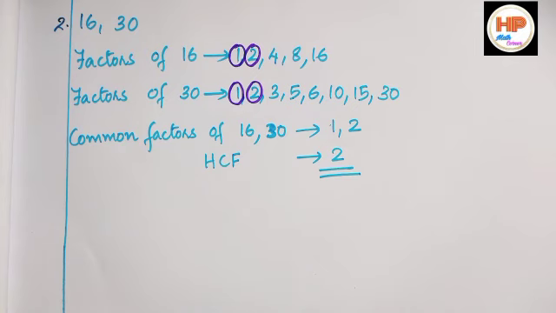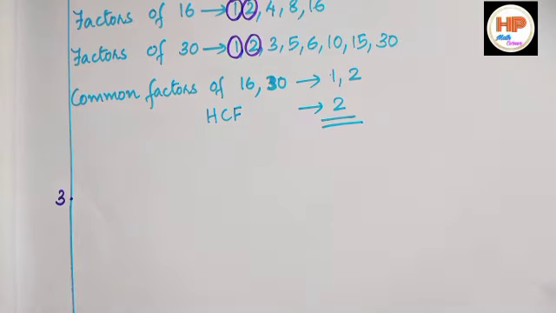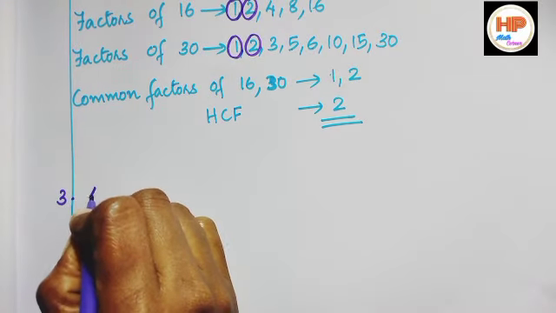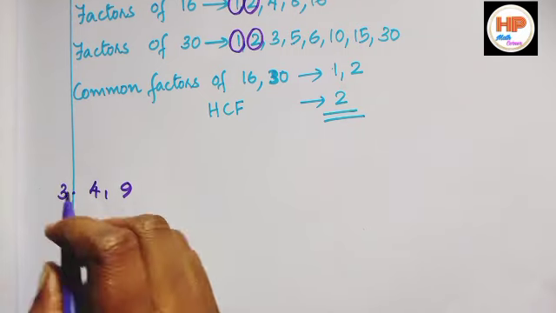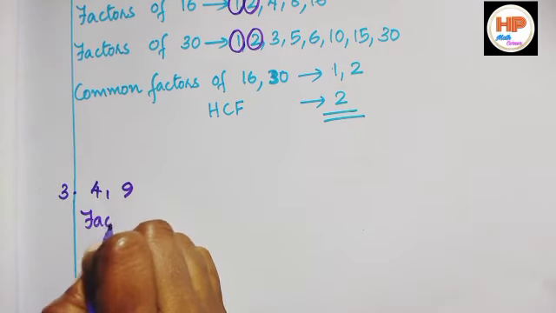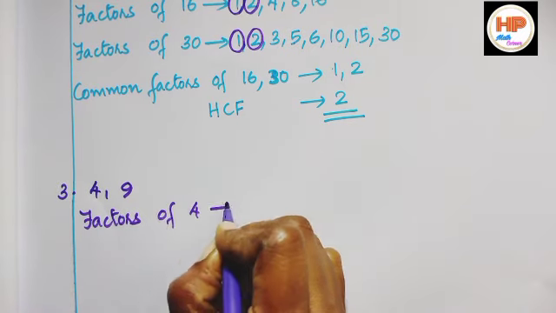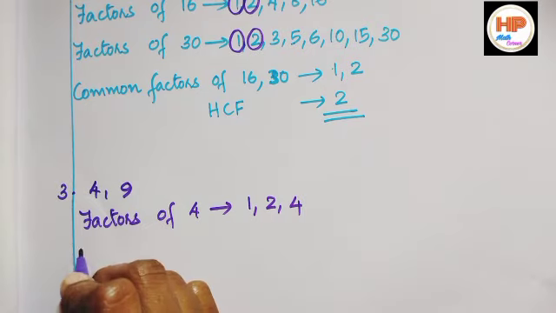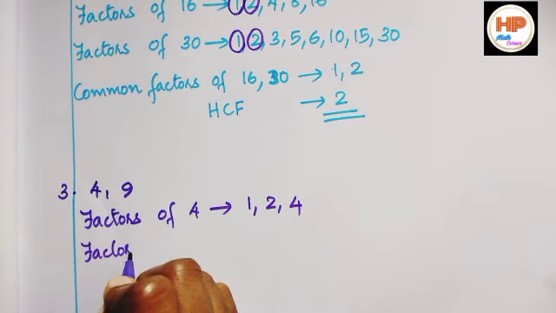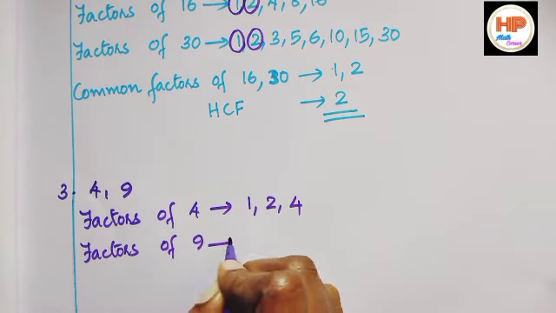Okay. Let us consider one more question. That is 4 and 9. Factors of 4 are 1, 2 and 4. Then factors of 9.